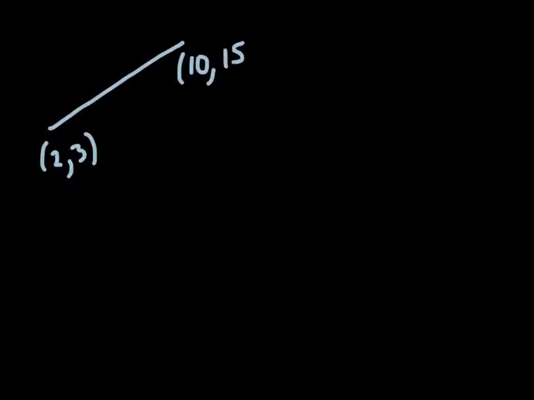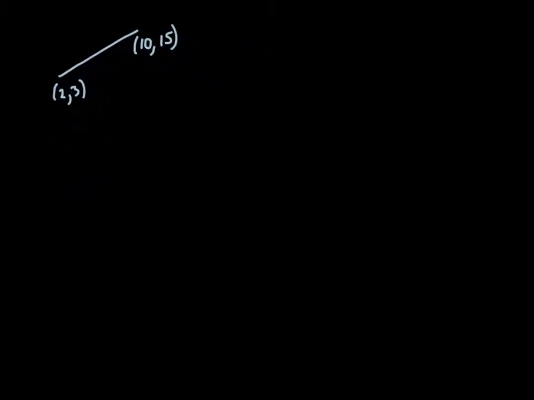Okay, so we go back now to our original topic, which is finding the midpoint between two coordinates. So if you've got (2, 3) and (10, 15). To find our midpoint, we want to find the midpoint between the x values and the midpoint between the y coordinates.